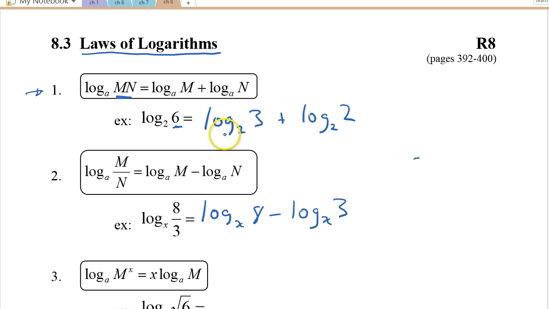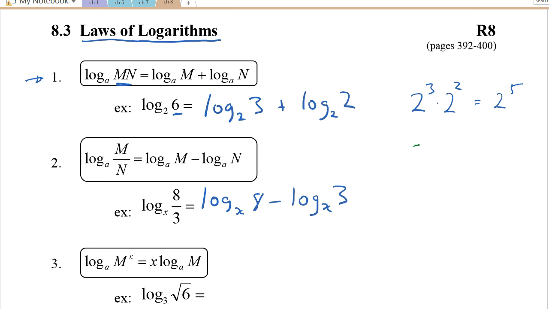Remember that when we have a number with the same base, 2 to the power of 3 multiplied by 2 to the power of 2 is going to be equal to 2 to the power of 5. So here we're adding, and in this case, when we divide the argument, we subtract the logs.